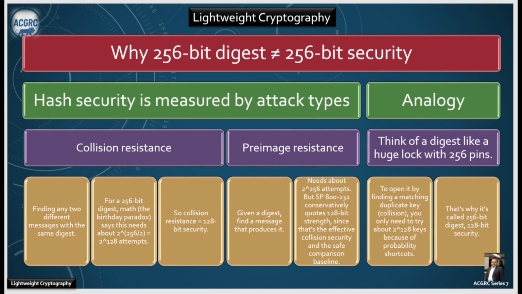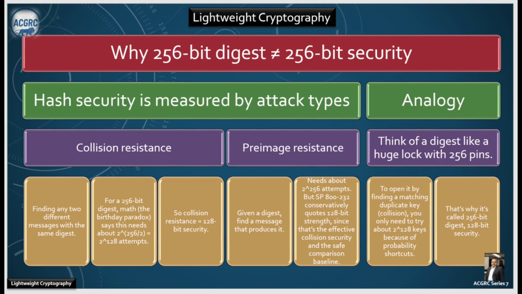When you say collision, it is finding any two different messages with the same digest. For a 256-bit digest, this would need 2 to the power of 128 attempts.